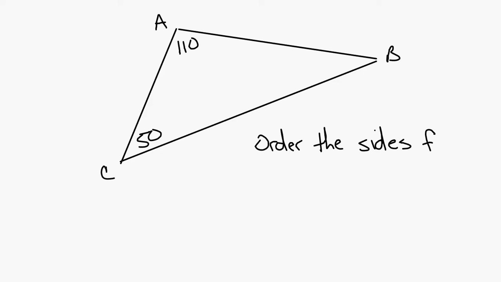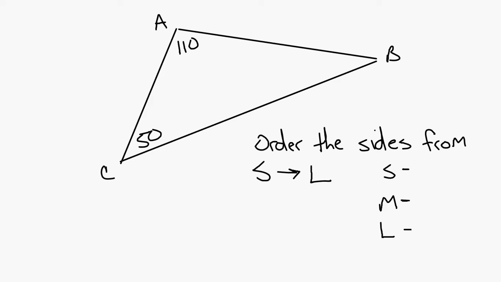So if this is triangle ABC, and if this is 110 and 50, and you were asked to order the sides from smallest or shortest to longest. All right, so you've got a short, a medium, and a long side.